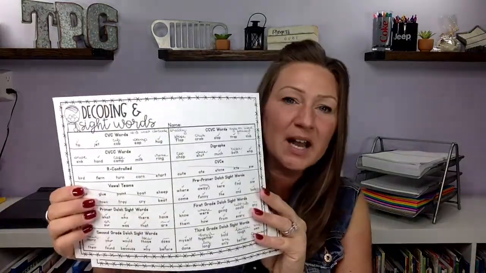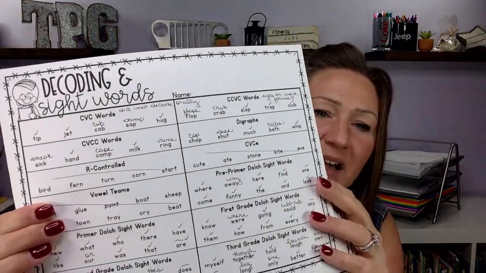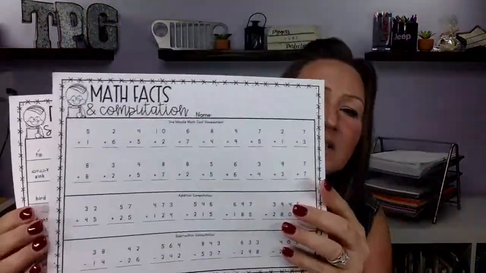So for me, I have some informal assessments that I use. These have some decoding, some sight words. I also have some for math that I use. Those just help me see what are some areas of strength and what are some areas of weakness. You can do assessments without using these.